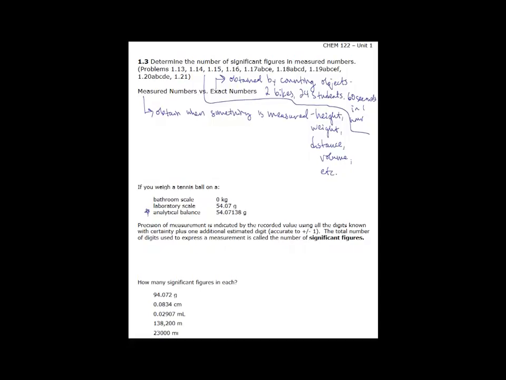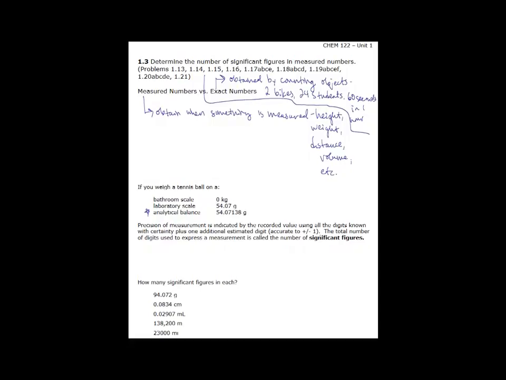And it's expensive to get all those digits. So that tells you that balance is very precise, and to go that far, you need to have a very precise instrument. Precision of measurement is indicated by the recorded value using all the digits known with certainty plus one additional estimated digit. So it's accurate to plus or minus 1.